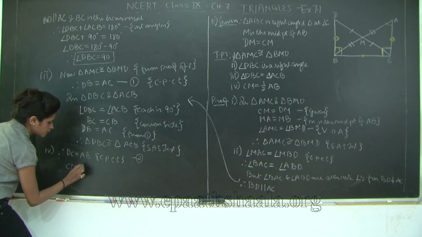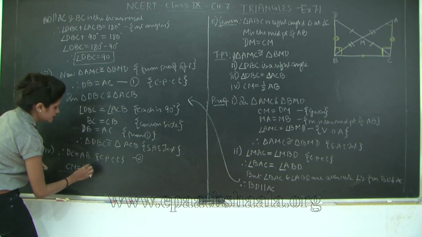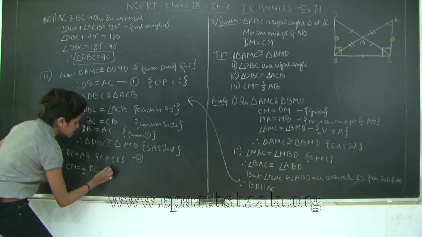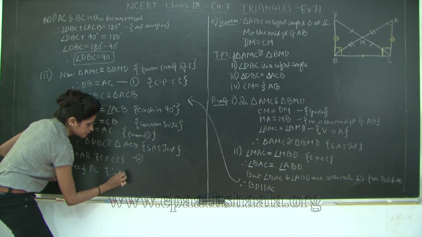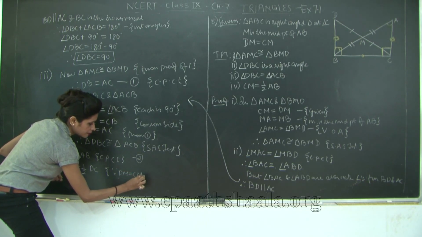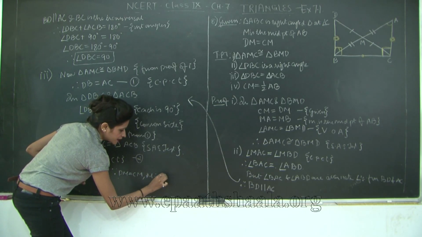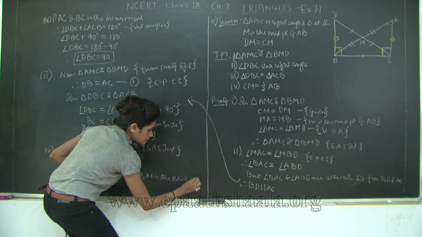CM is equal to half of DC. Why? Because it's been given that DM is equal to CM. Since DM is equal to CM, M is the midpoint of DC, right?